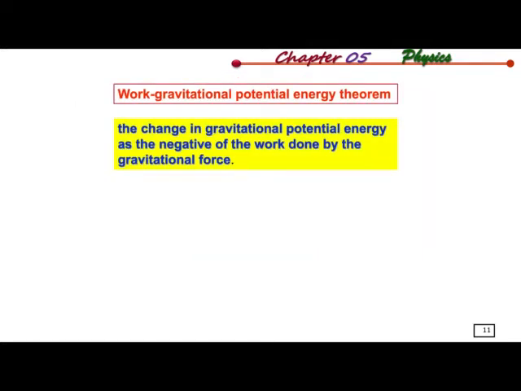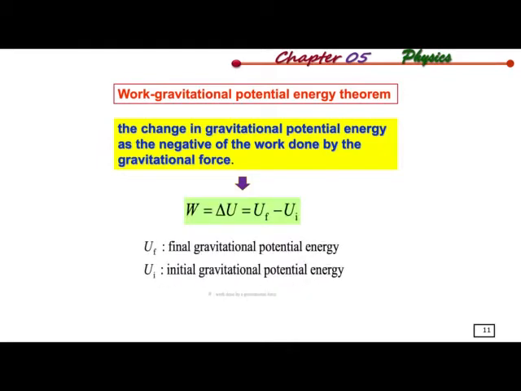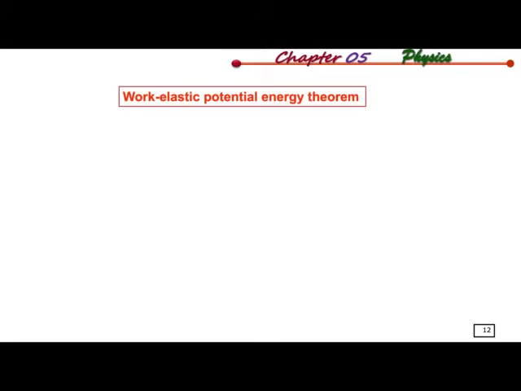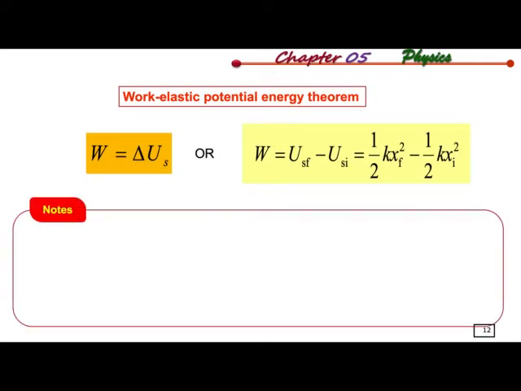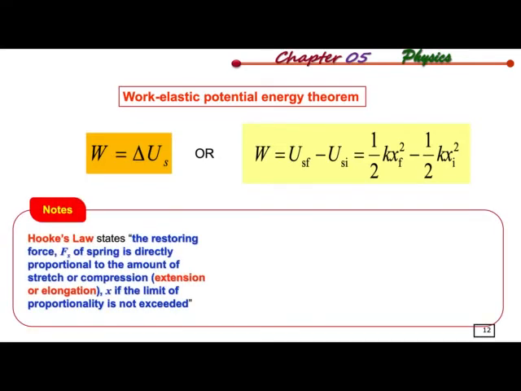So the work gravitational potential energy theorem is basically the same thing as the work kinetic energy theorem, but we are using the potential energy instead. Same with this, the work elastic potential energy theorem is also the same thing, but we are replacing the kinetic energy with the elastic potential energy.